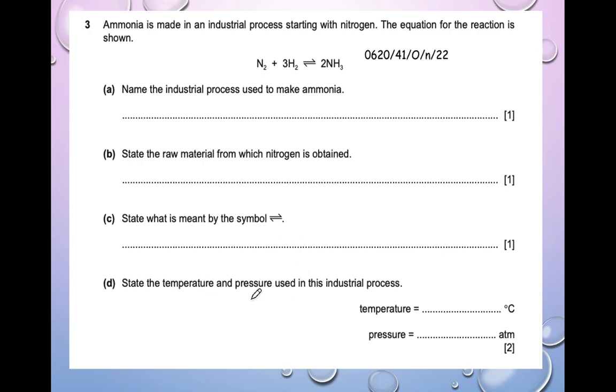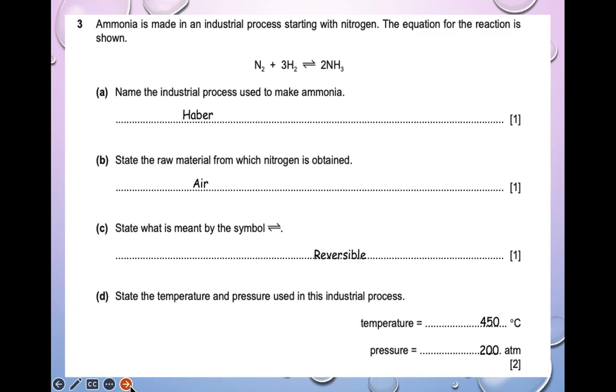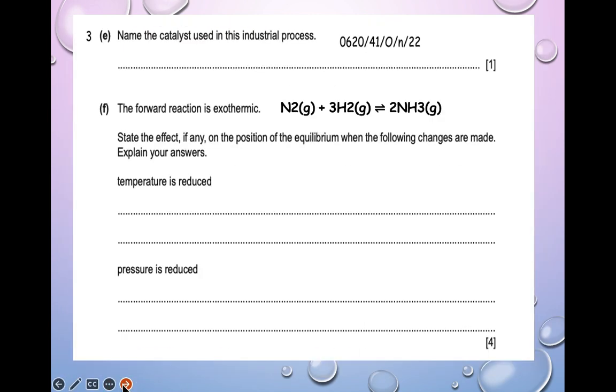State the temperature and pressure of this industrial process. Of course, for Haber, it's 450 degrees Celsius, and the pressure is 200 atmospheric pressure. Name the catalyst used in this industrial process. It is iron.